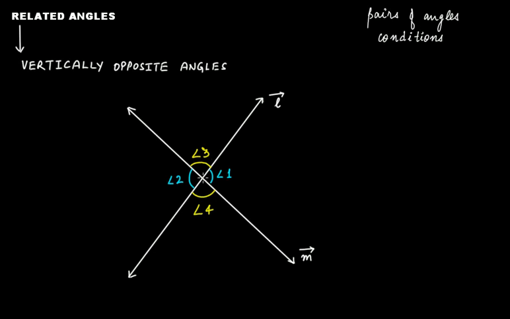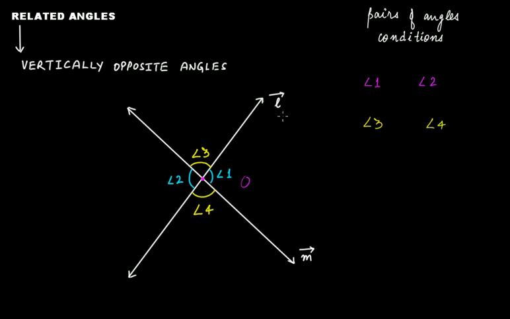Let's denote it with some vertex O. Now, in this case, we have angle 1, angle 2, angle 3, and angle 4.